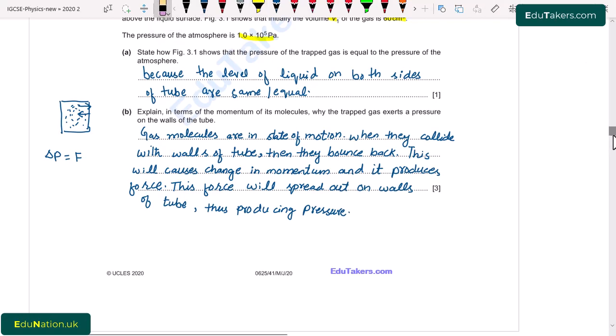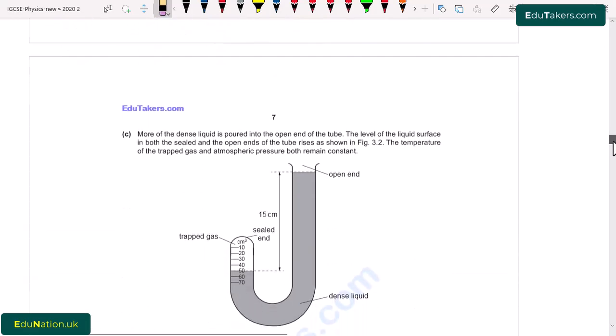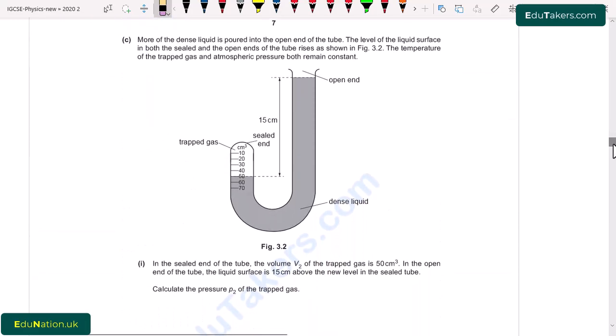So moving towards the other part of this question, part C. More of the dense liquid is poured into the open end of the tube. You can see here that this end is open while this end is sealed.